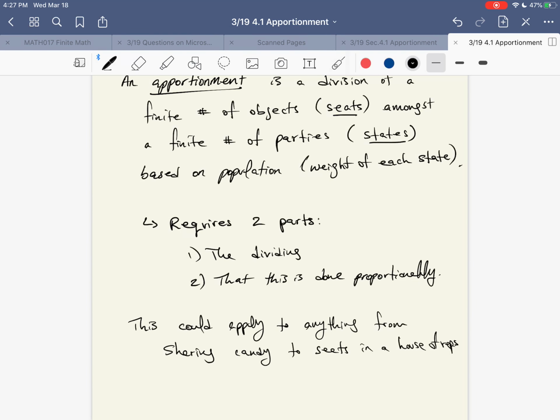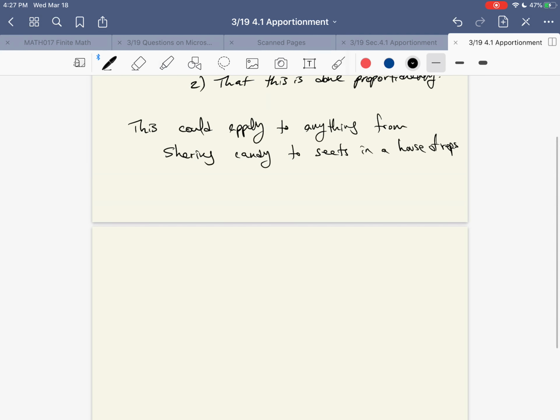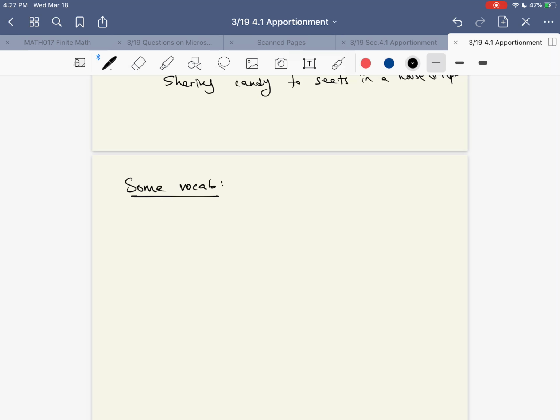Okay, so some vocab. Let's get that going. The states. We're going to have N states in general. We're going to let the capital letter N denote the number of states.